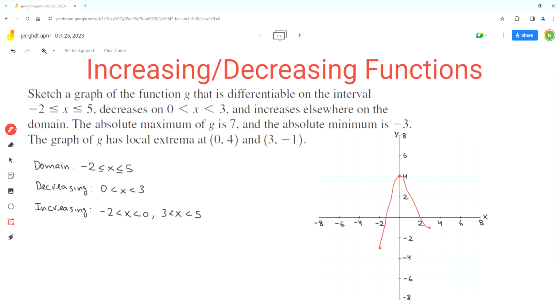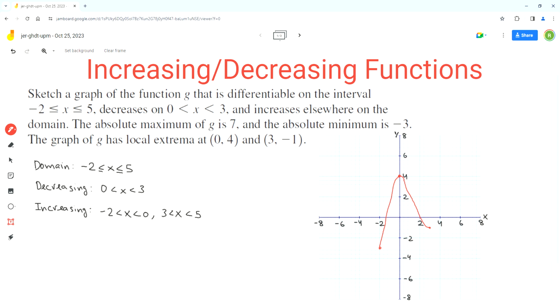Now, as per the analysis, the next interval is 3 to 5, and over this interval, the function is increasing. That means we have to show the graph going upward from left to right because any tangent to this graph should have a positive slope. Since this part of the graph is going upwards from left to right, we can show the absolute maximum point on this part of the graph.